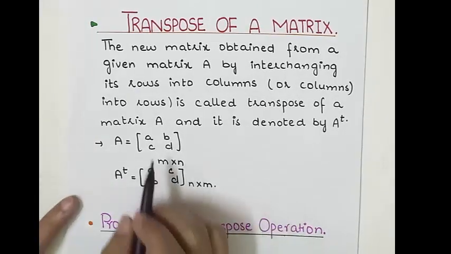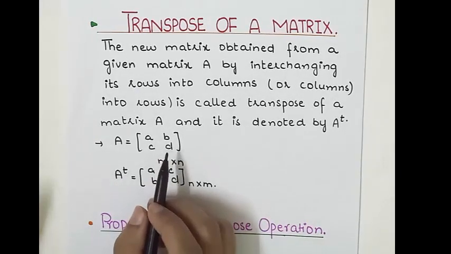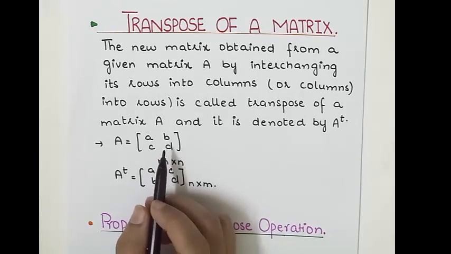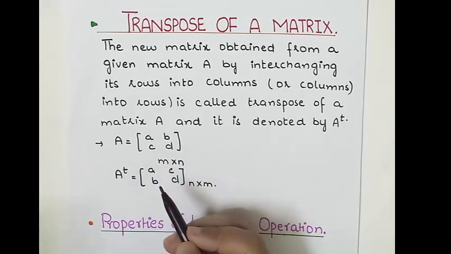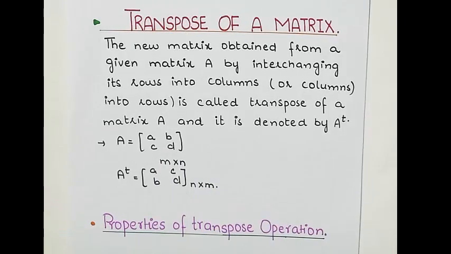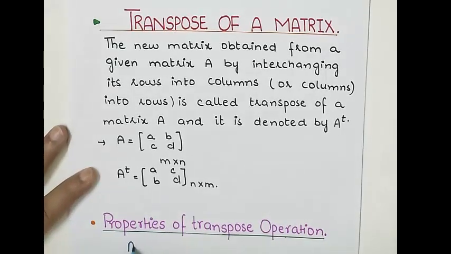And if A is a square matrix of order n, then A transpose is also a square matrix of order n.